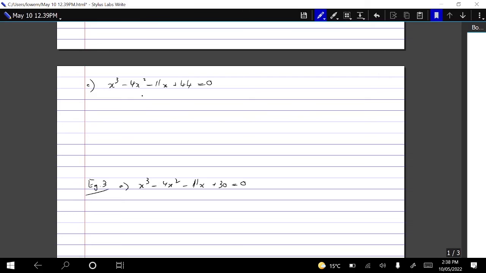Okay, so if we have a look at these first 2 terms and the last 2 terms, the first 2 terms here we have a common factor of x squared, leaving us with x minus 4, and then the second 2 terms we have a common factor of negative 11, leaving us with x minus 4. Okay, and because they're in the brackets, it's both x minus 4. It's worked nicely. So this will factorise to x minus 4 times x squared minus 11.